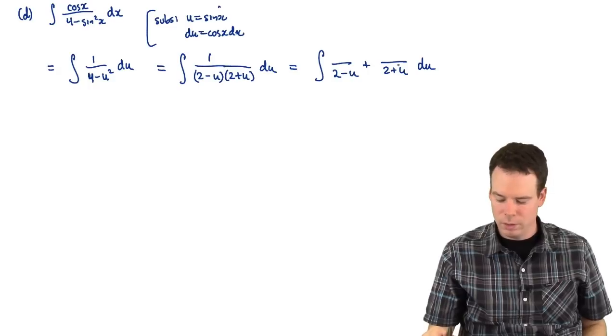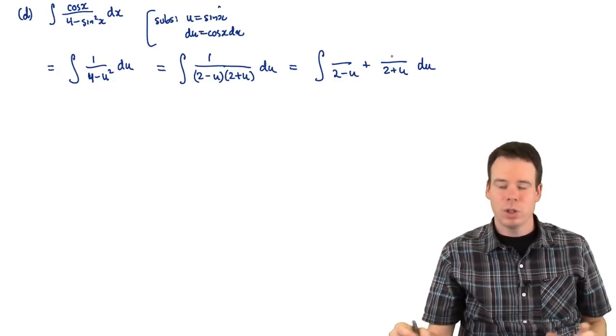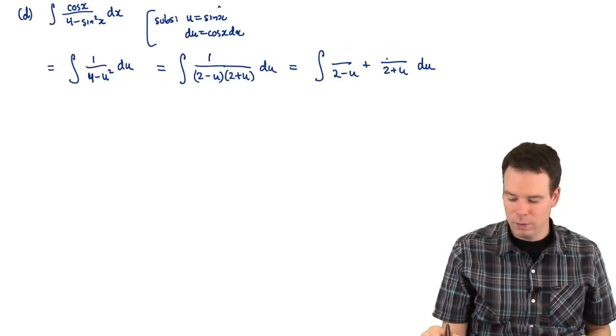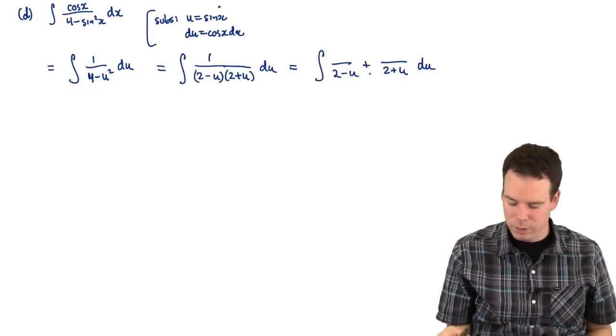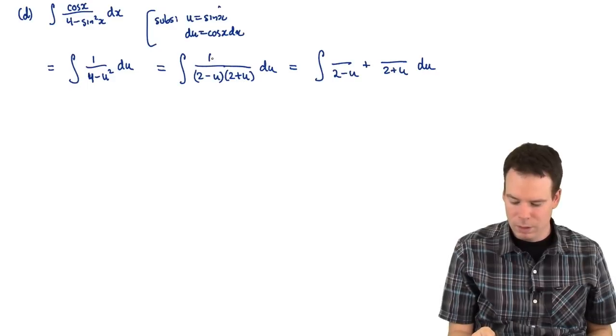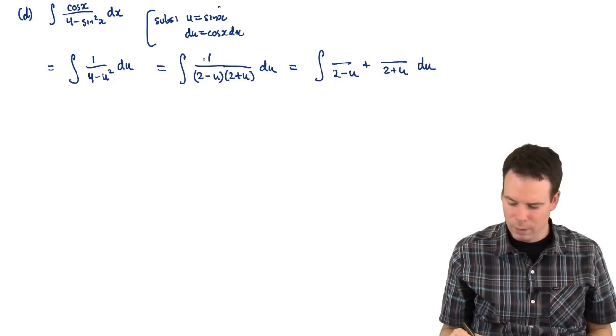And the question is, what should our numerators be? We could use arbitrary variables for those and then set up the equations to solve for them. Or we could try to engineer them. We need the result to be 1, so I need this times this and this times this to add up to give me 1.